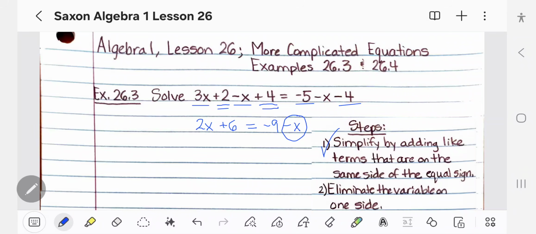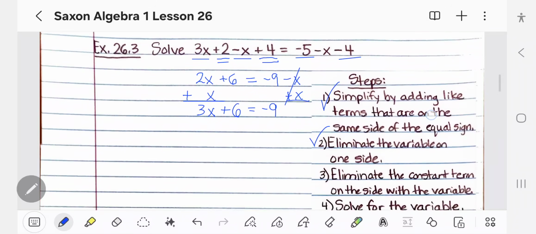That's what I would do, because I make less errors when I add than when I subtract. It's easier to add for me and probably for most of you. So you can subtract 2x from both sides if you want, but I'm going to choose to add x to both sides. Now that adding x cancels here, and it's 2x plus 1x here, so that's 3x plus 6 equals negative 9.